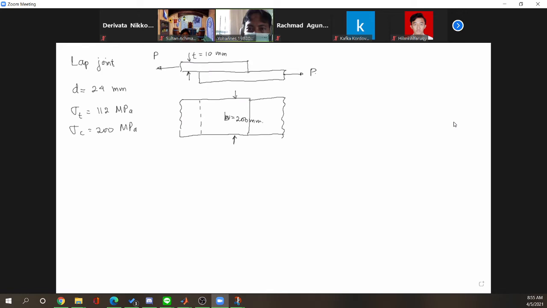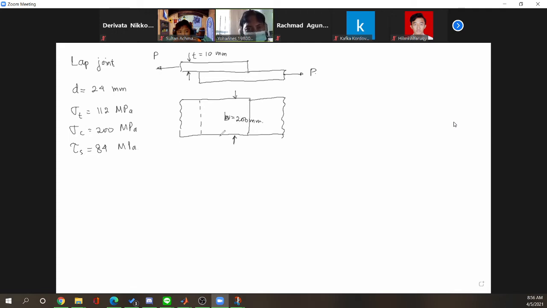And the shear stress of the rivet is 84 megapascal. Okay, so how to design the rivet joint for this single lap joint?